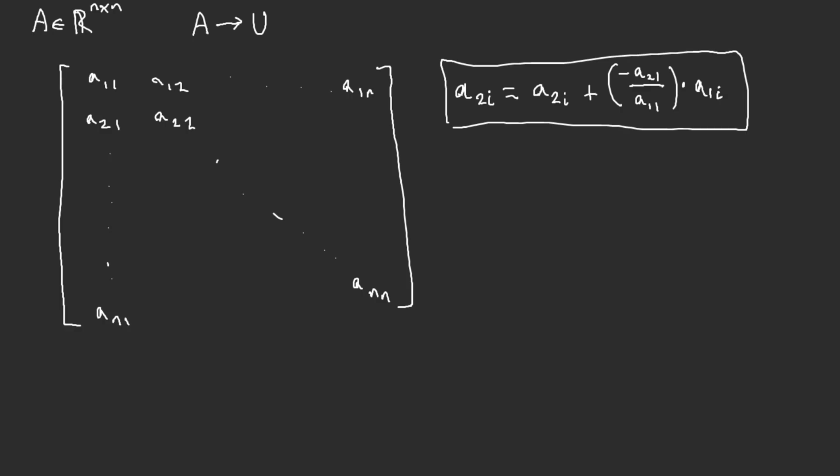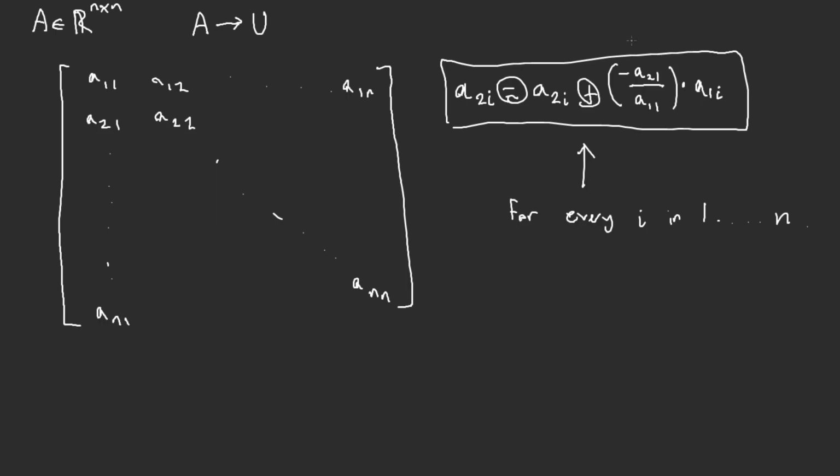But we're going to do this for every i, 1 to n. And so here what we're doing is we're doing several things. First of all, we're doing assignment. I'm taking the value in the matrix and I'm changing it to something else.